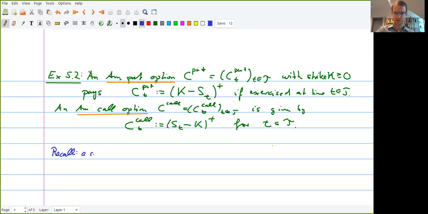Let us briefly recall what a stopping time was. I have a random variable tau, mapping from omega, our sample space, to the index set and infinity. A random variable taking values in our index set T, or taking the value infinity, is called a stopping time.